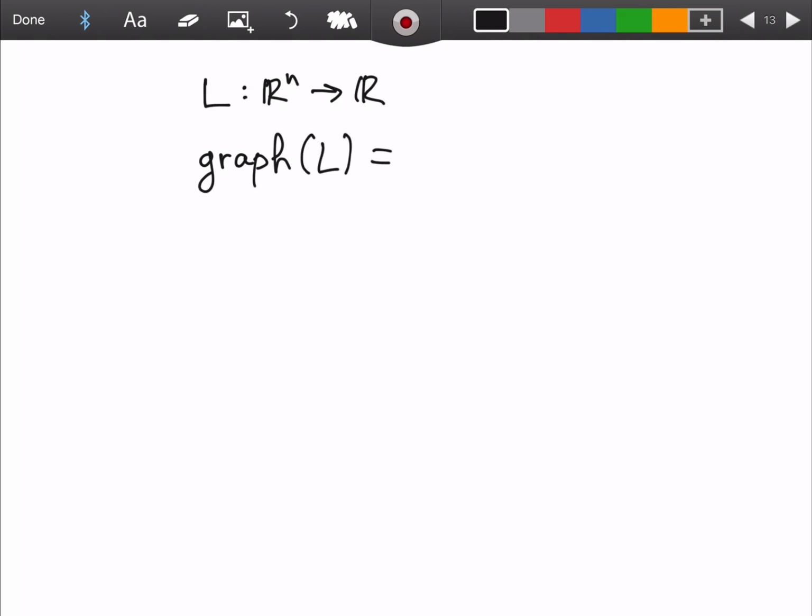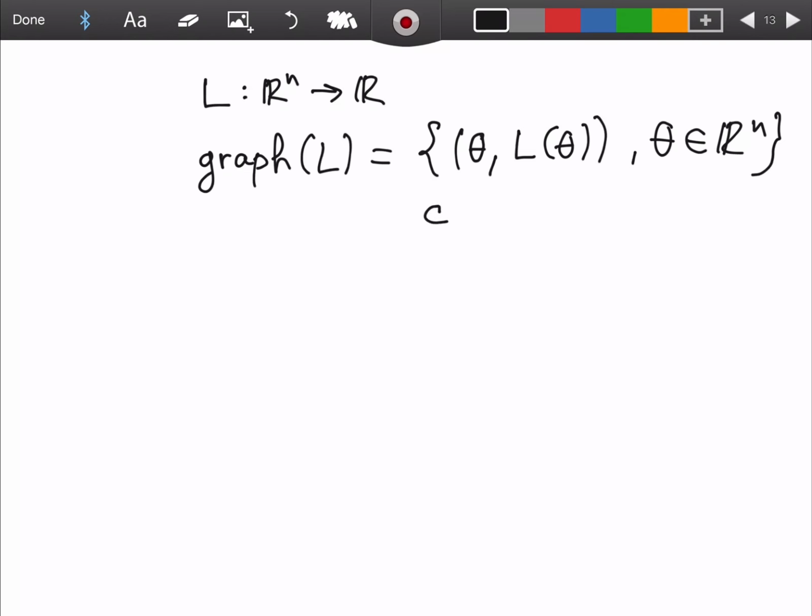It's a set in Rn plus 1, of this form: the set of pairs (theta, L(theta)), with theta in Rn, or if the function is defined on some smaller domain, then theta in the domain of L. So it's tuples of theta and the value of the function at point theta. The graph of a one-dimensional function lives in 2D.